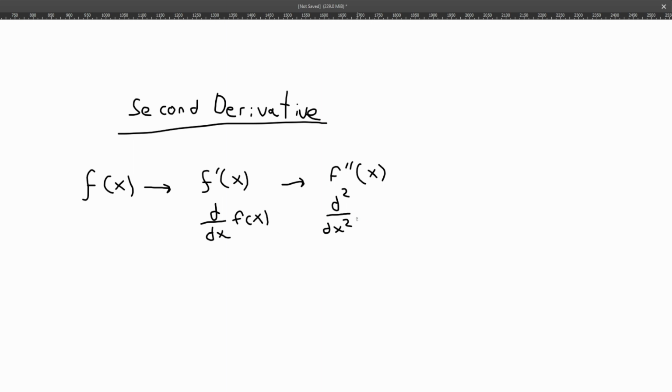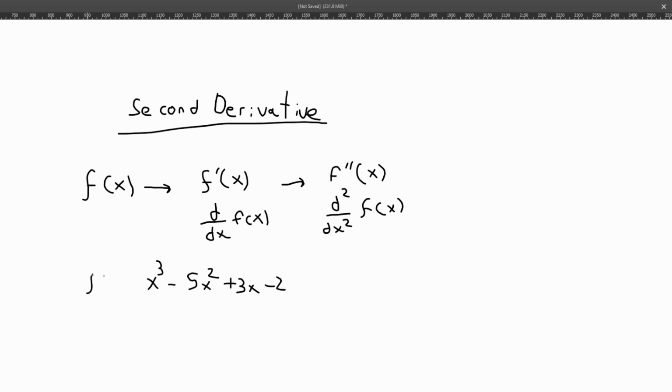And defining the second derivative of a polynomial is not difficult. So for example, for a random function x cubed minus 5x squared plus 3x minus 2, let's say f of x is equal to this.